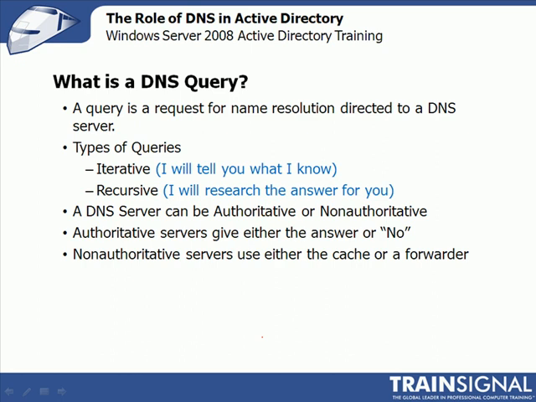But first, let me explain that a DNS server can be known as authoritative or non-authoritative for a particular area of DNS namespace. An authoritative server, a server that is authoritative over a certain DNS namespace, can either give the answer that is needed or an authoritative no. Now, the authoritative no, that's the dad in me.